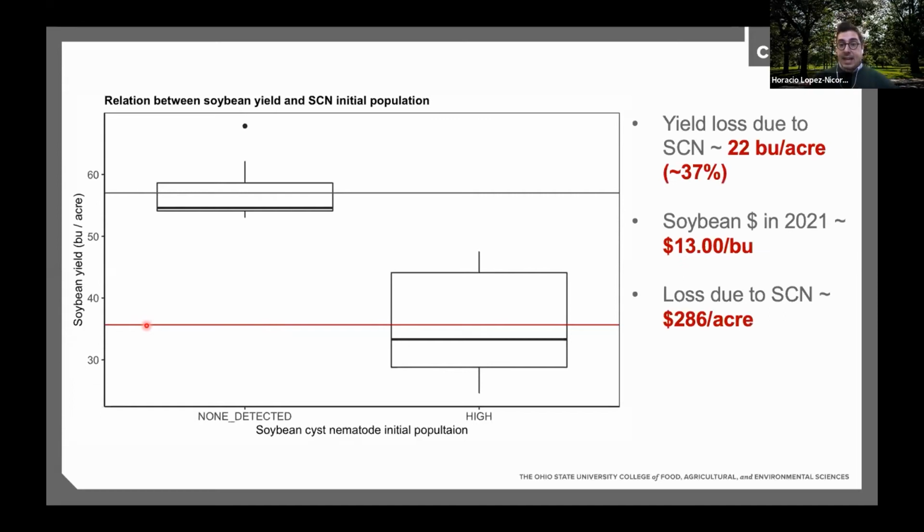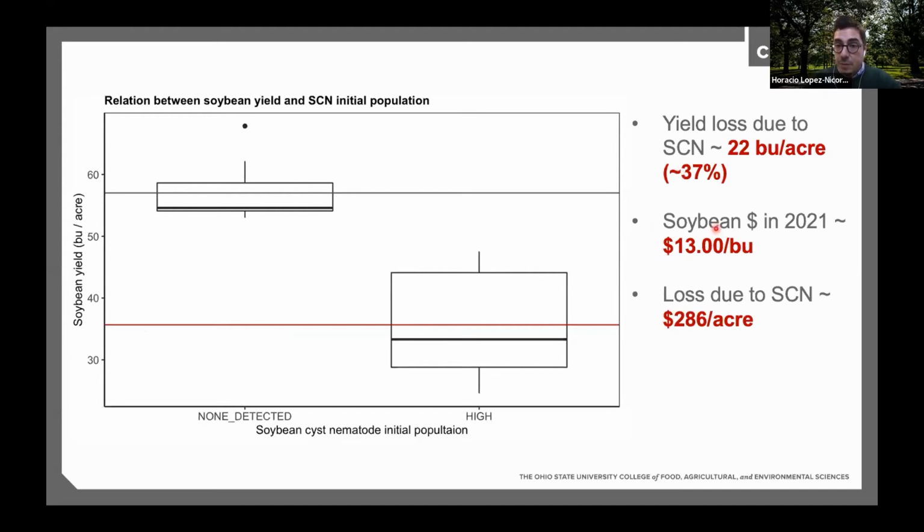Again, if we plug in that very simple exercise, we can see that we are losing 37% of yield in very high infested fields with SCN. And that range falls between that 15 to 50% that we talked about at the beginning of the presentation.